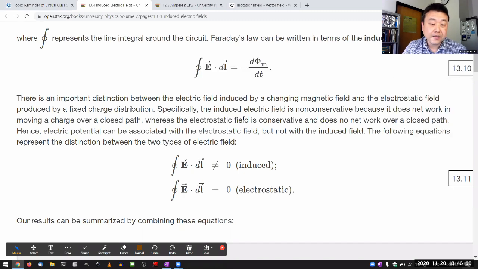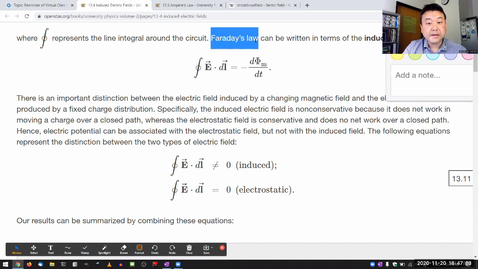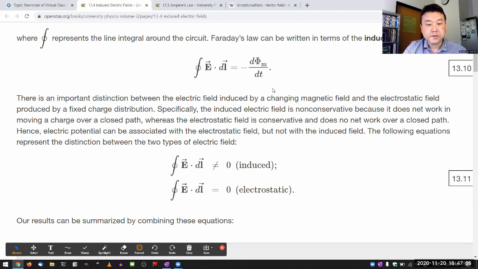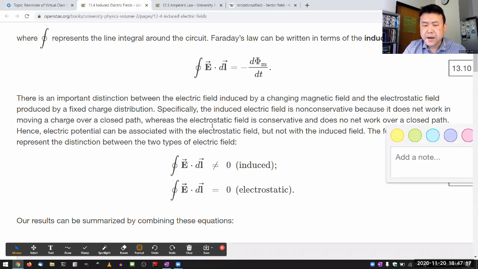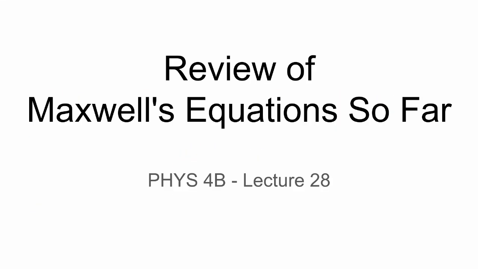So I'll just leave that there, but I think drawing that analogy between the electric field produced through Faraday's law and magnetic field produced through Ampere's law will help you gain understanding of things like what they're saying here, why the induced electric field is non-conservative, and the mathematical features of this.